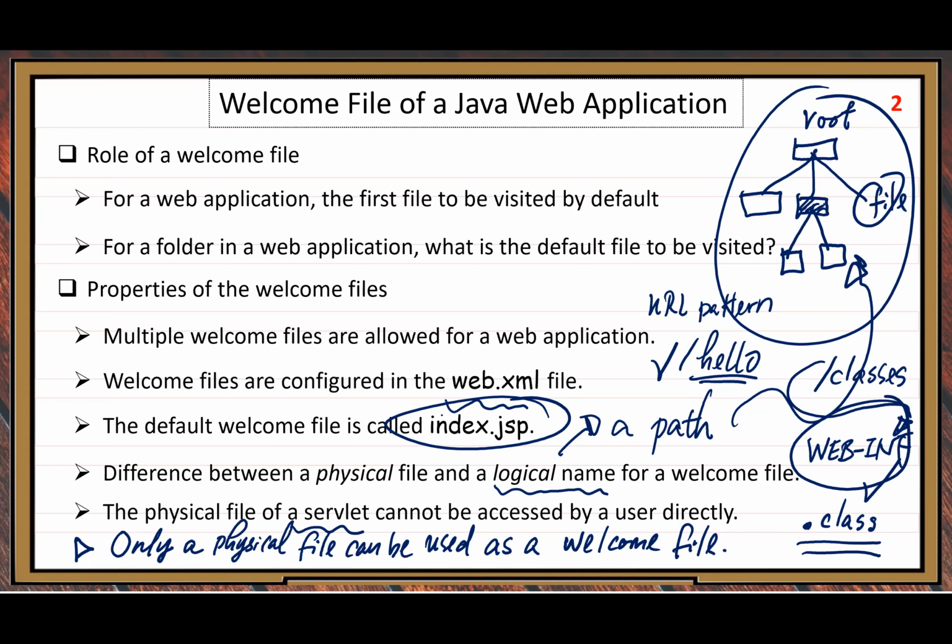For that reason, we have to use a JSP file. Index.jsp is a physical file, and we can expose it to the outside users.